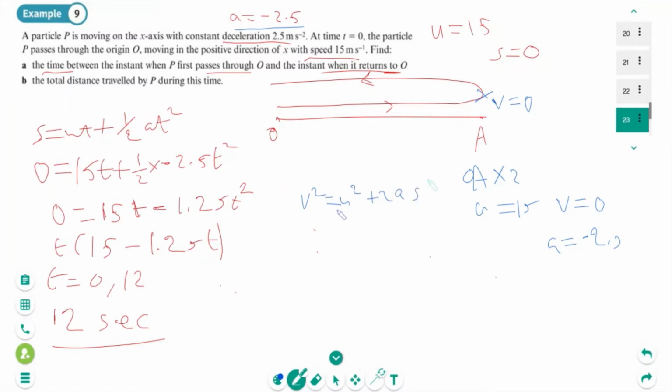So v is 0 at the point A. U squared is 15 squared, plus 2 times minus 2.5 s.